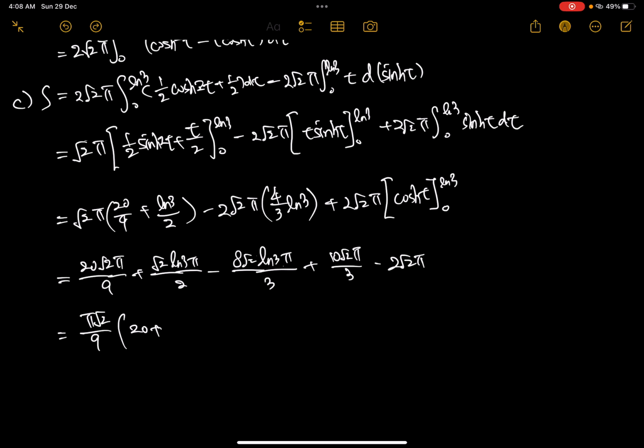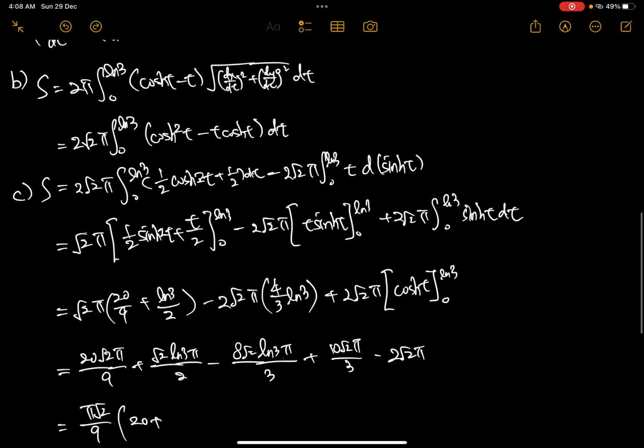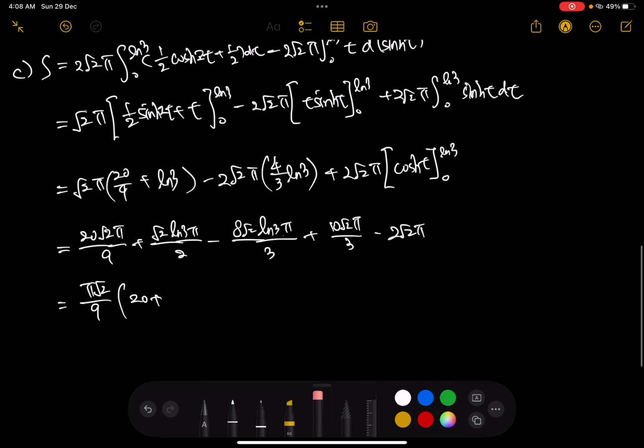This is just giving me problems for no reason, because it shouldn't be a 2, it should just be natural log 3. And that should just be a t. So this one should be root 2 natural log 3 pi.